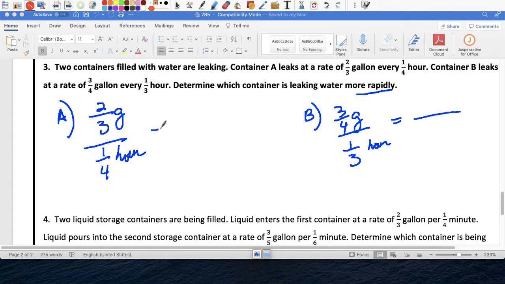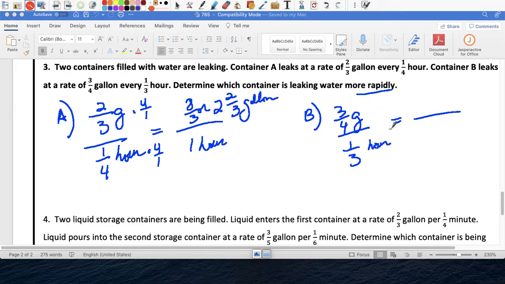Well, we're going to use a unit rate, and then we're going to compare. So here it would be times 4 over 1, and we get 1 hour. Times 4 over 1, this is going to be 8 over 3, or 2 2/3 gallons per hour. This one is times 3 over 1, so we get 1 hour over here. Times 3 over 1, and we get 9 over 4, or 2 1/4 gallons.